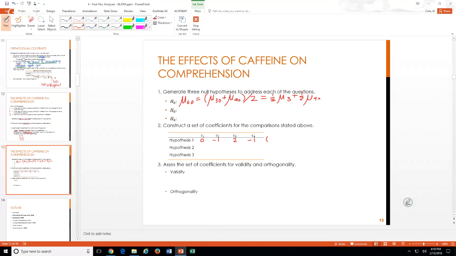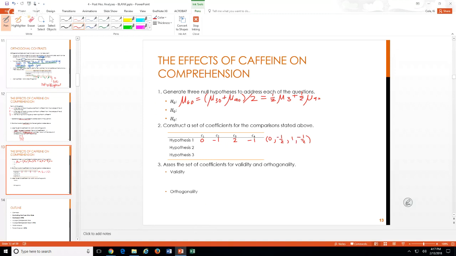Which one is your coefficient on mu 0? 0. Which one is on mu 30? -1/2. Mu 60 is 1 and mu 90 is -1/2. There we go. So there's another version.